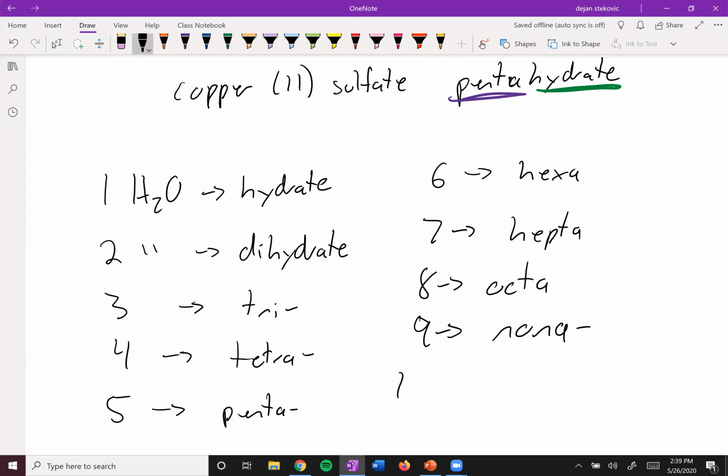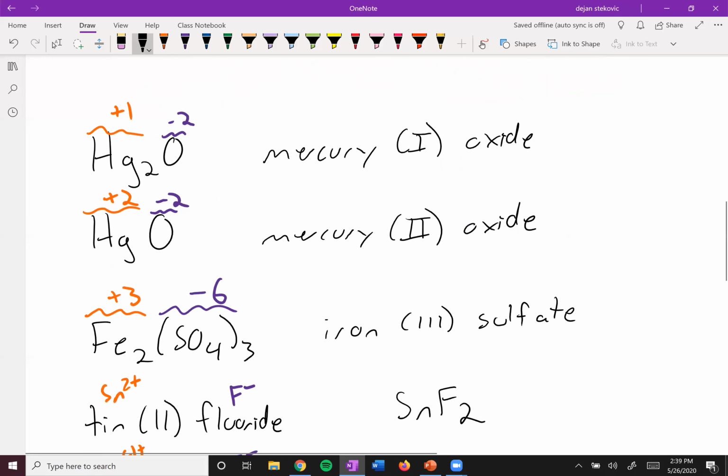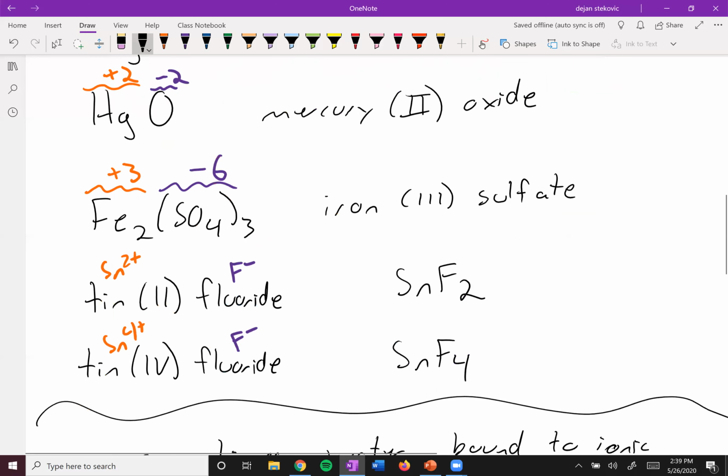And then 10 is going to be deca. So unfortunately, you just kind of have to memorize these things. So get familiar with naming ionic compounds, both with fixed charge metals and these variable charge metals as well.